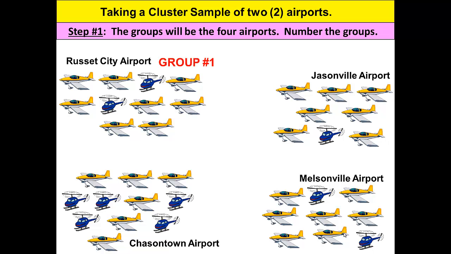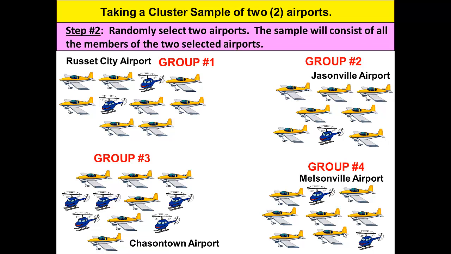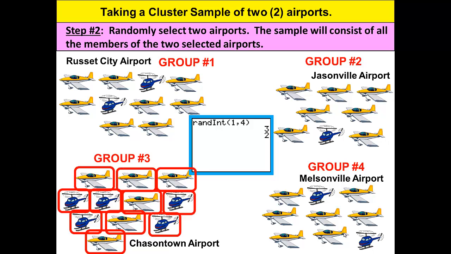But this time we'll number the airports, not the aircraft. Next, we have 4 numbers here, so let's just randomly select 2 airports. The sample will consist of all the members of those 2 airports. Random integer 1 through 4, since there are 4 airports, and we randomly select 2.